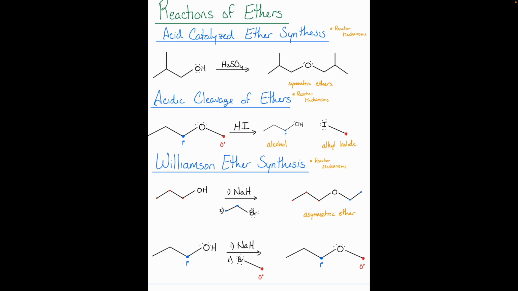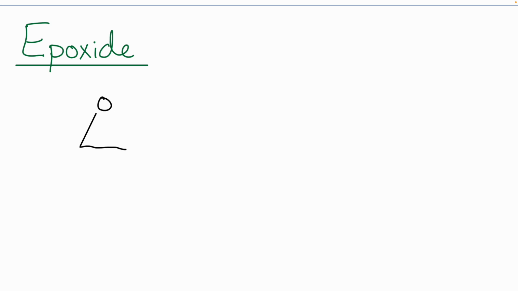All right, so for the rest of the class period and actually the rest of the week, we're going to talk about a very special ether, so special that we give it its own functional group category, what's called an epoxide. All right, so an epoxide is an ether.